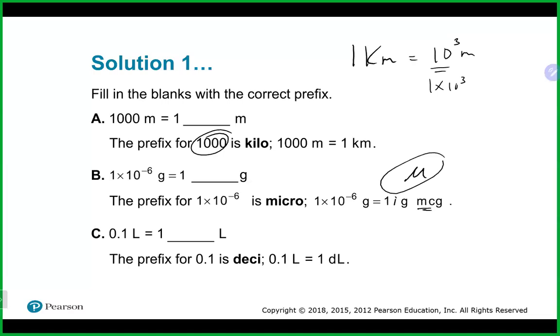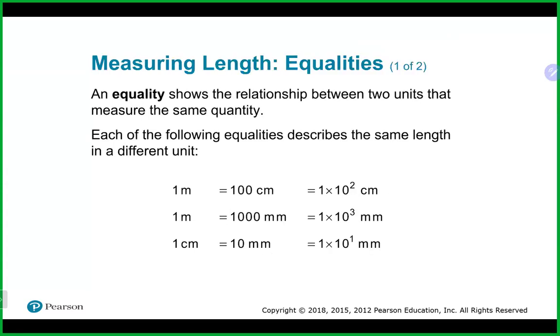So I probably will use this symbol because other than your book, I haven't seen that abbreviation used too much. But they do kind of bounce sometimes back and forth between MC for micro and the little micro symbol. So just keep that in mind. 0.1 liters is basically 1 times 10 to the minus 1, which is our deci conversion that we see on that list there.